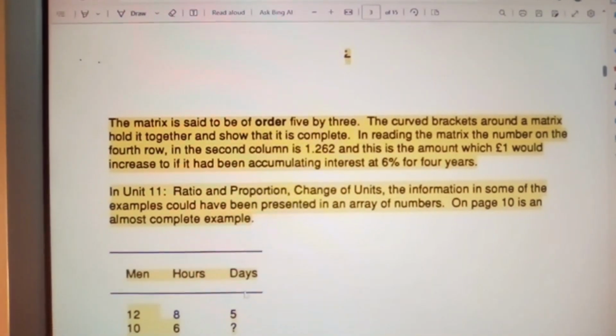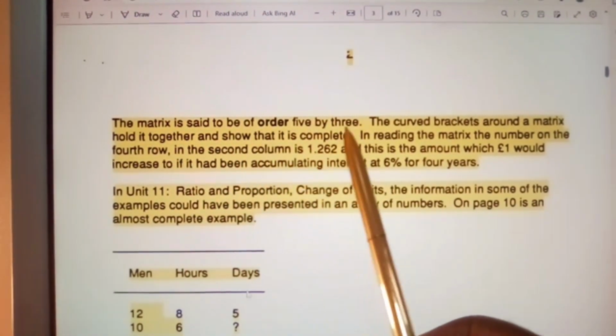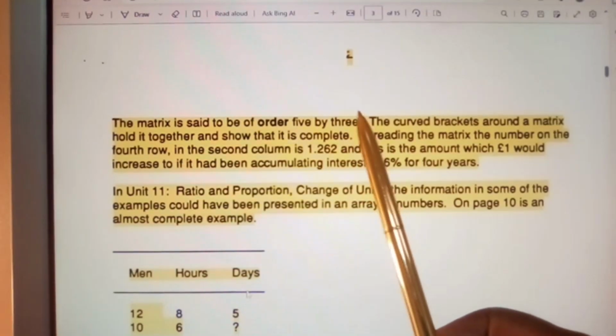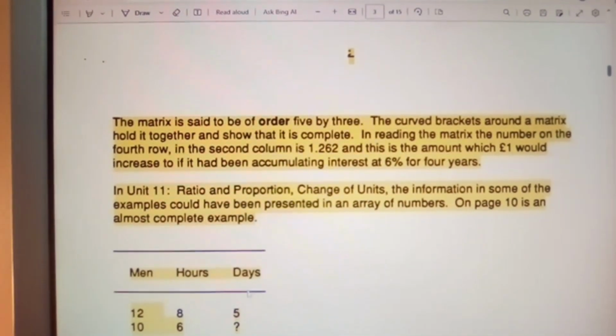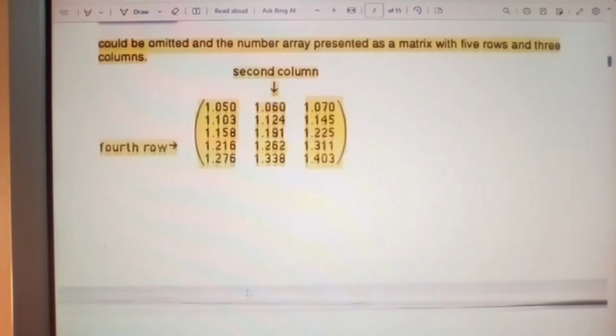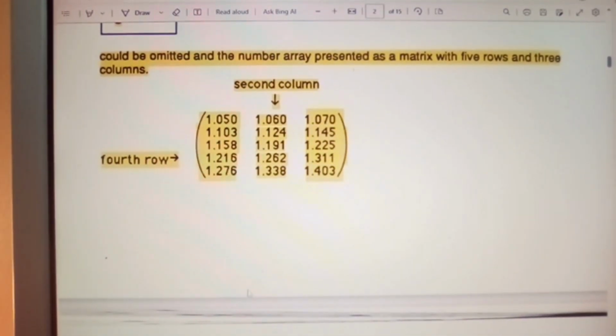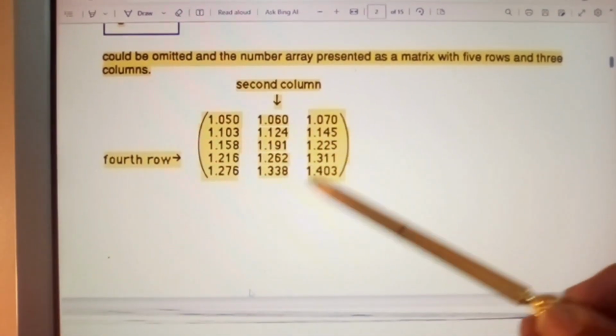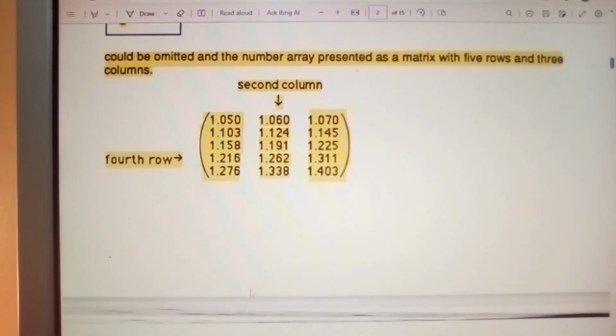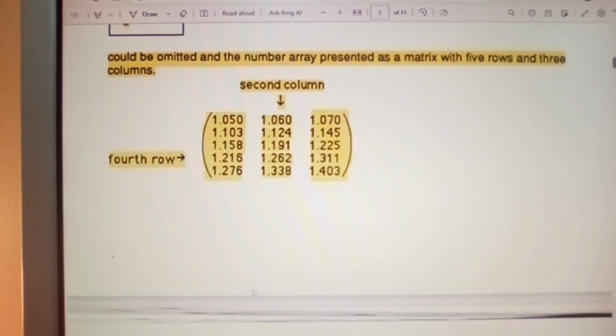Now the matrix is said to be of order 5 by 3: 5 rows, 3 columns. I repeat, 5 rows, 3 columns.